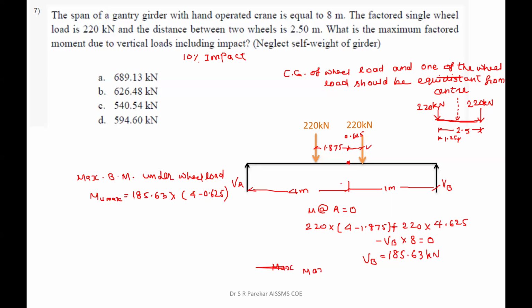So 185.63 into (4 minus 0.625) comes 626.50.